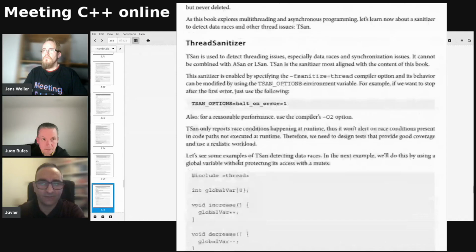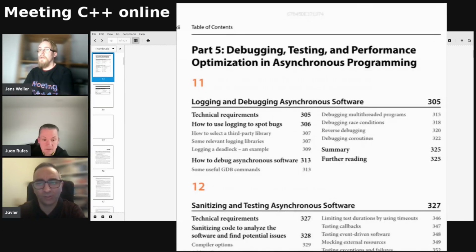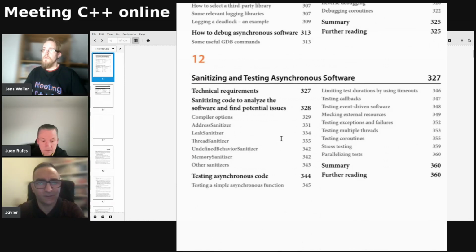Apart from sanitizers, we go to unit testing in general. For that, we use Google Test. I think it's one of the most common testing libraries that most people use. Yes, the most popular. And there we explain how to handle a synchronous program first.